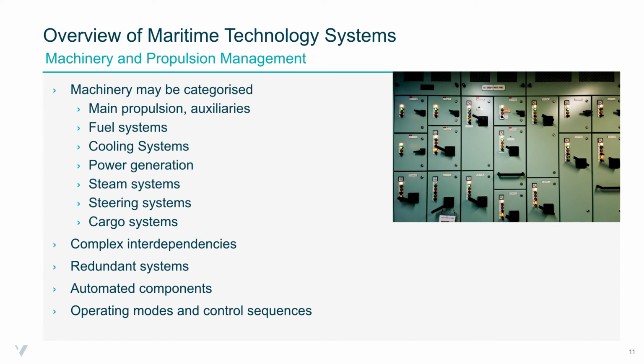As an example, there will be various integrations from a safety perspective. The engine control system will have an awareness that some auxiliary systems, for example the lube oil system, are running to provide lubrication for the engine. The engine will not be able to run without that dependency satisfied. One of the roles of that control system will be optimizing combustion, making sure that we get optimum fuel burn.